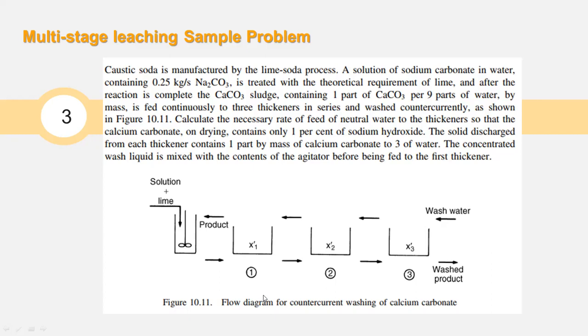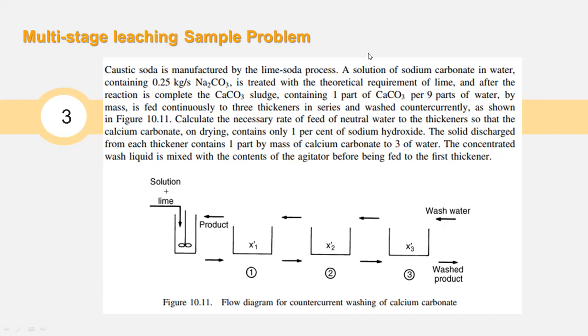Now, you may wonder why there was no component balance based on the lime, that is the calcium hydroxide. There's no need for us to make a component balance on the calcium hydroxide. This was also stated in the previous discussion because it was stated here in the second line that our calcium hydroxide is in the theoretical requirement.